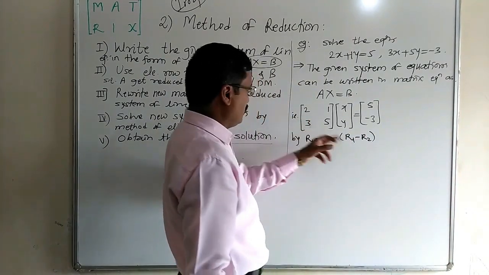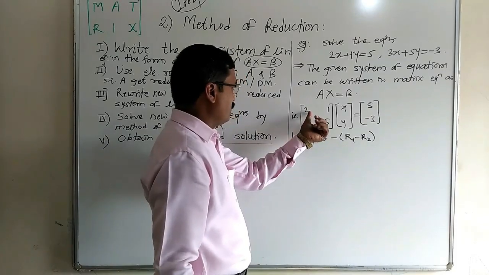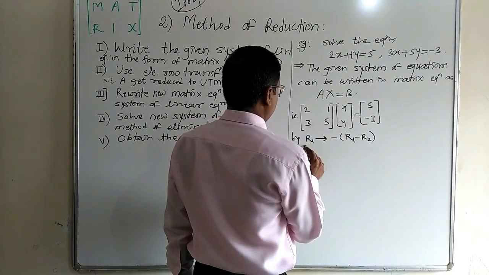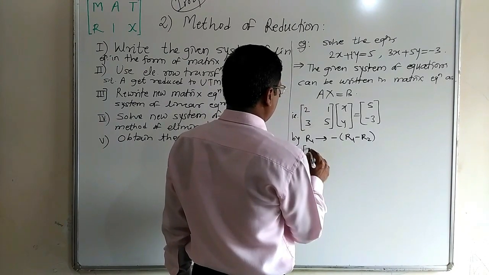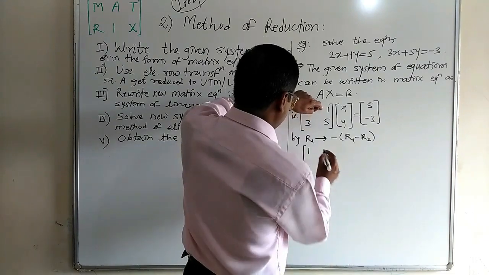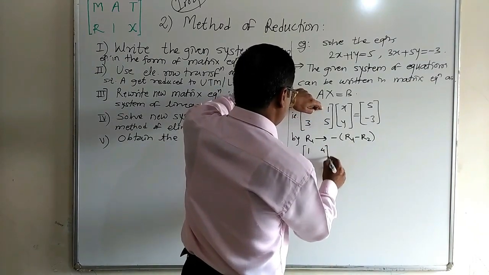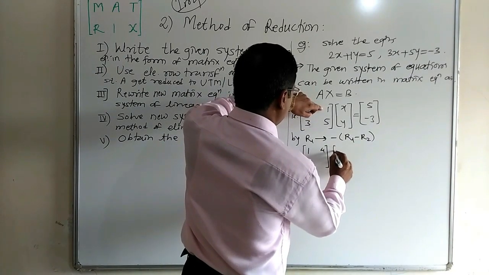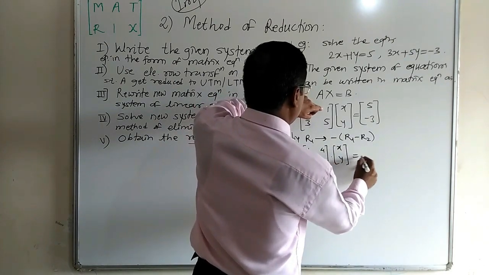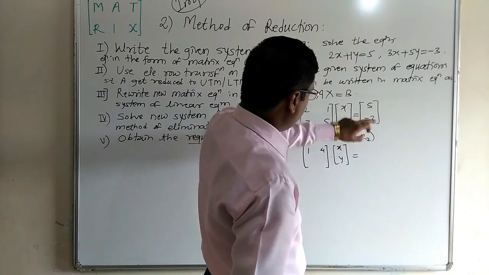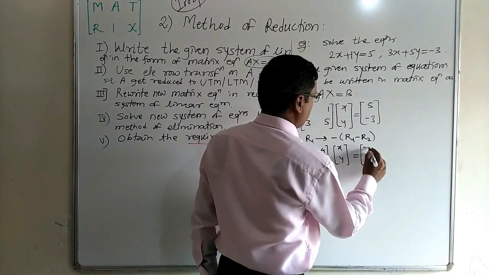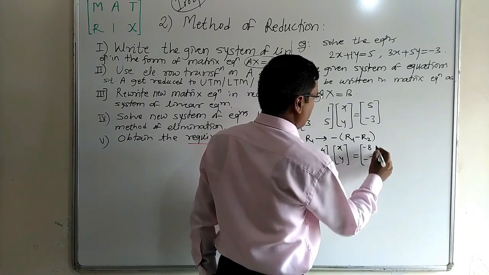So 2 minus 3 gives minus 1, and minus minus plus 1. So by this we get 1, then this minus this is minus 4, its negative is plus 4, no change in x and y, that is equal, again 5 minus of minus 3 is plus 8, its negative is minus 8, and minus 3 as it is.